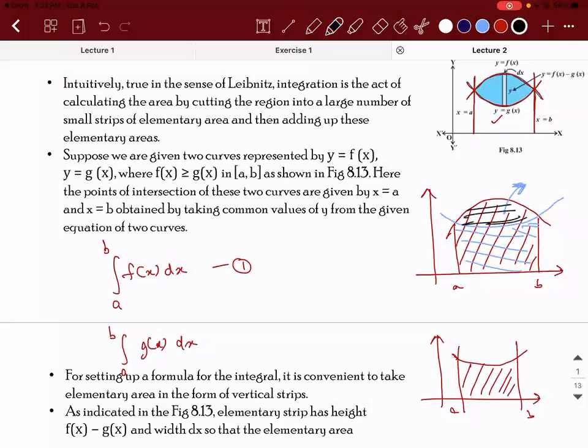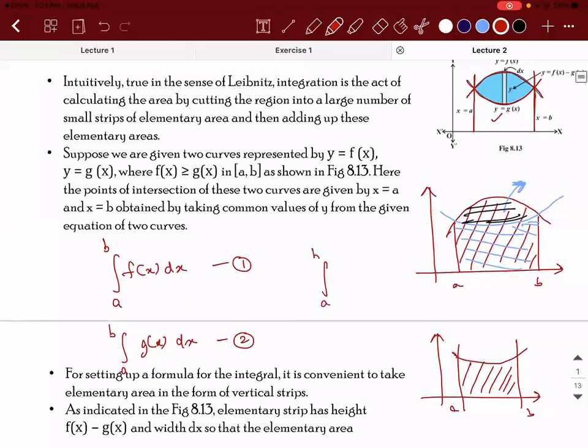Right. So what are we supposed to do, guys? If 1 is there, 2 is there, you want to find the area between both the curves. Then you need to take integral of a to b f of x dx minus integral of a to b g of x dx.